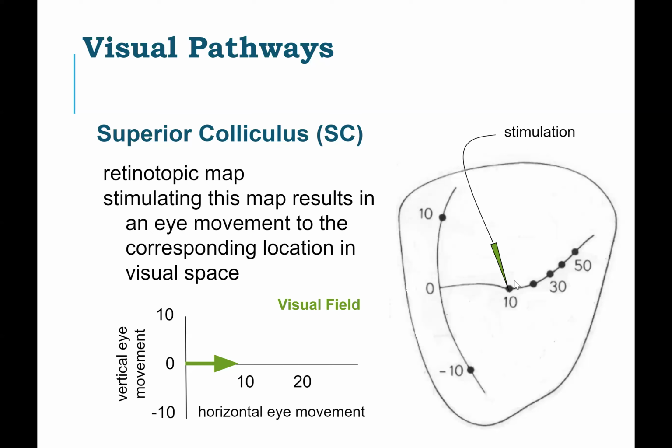What does this remind you of? Yeah, so foveal magnification, right? Meaning that, in this case, what would that mean? Here it seems that the areas that are less than 10 degrees are overrepresented.